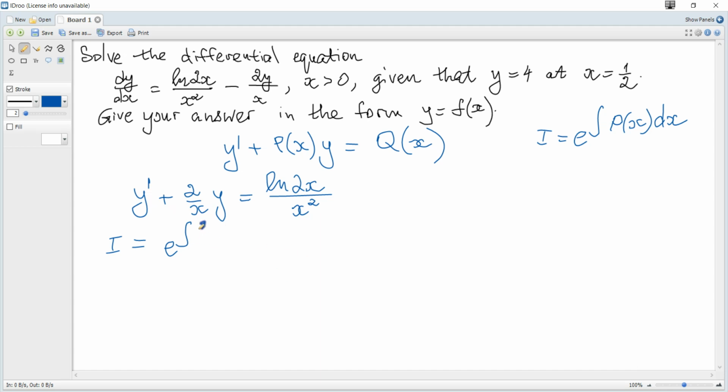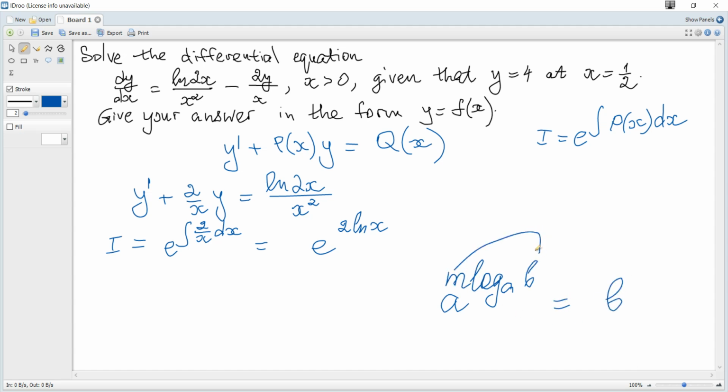So it becomes 2 over x dx, and it is equal to e to the integral of 1 over x, it's ln, so it becomes 2 ln x, constant is not needed here, and use the properties of logarithm: a to the power of log a b is b, and if there is an additional factor in front you should move it to the power of b, so it becomes b to the power of m.